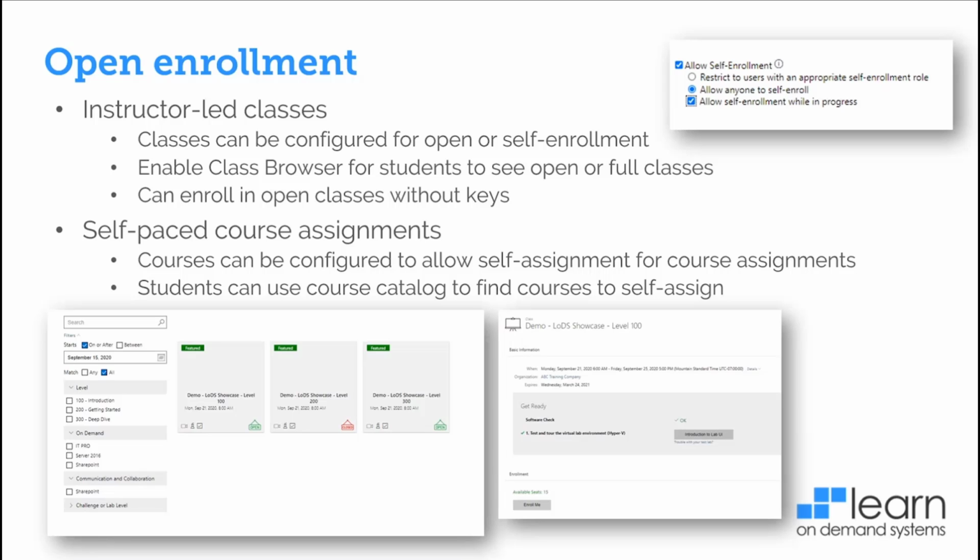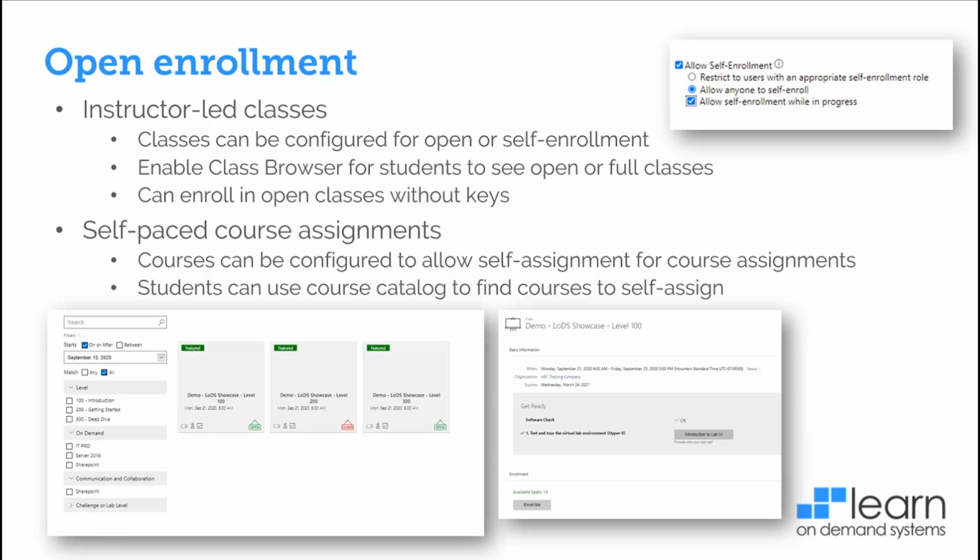It allows students to choose what training they want to take, when, and saves your administrators from having to enroll the students into the classes manually. For open enrollment classes, you'll most likely want us to enable the class browser on your site, and this will appear as a navigation button on your site.